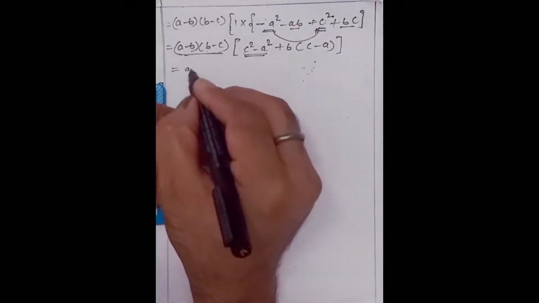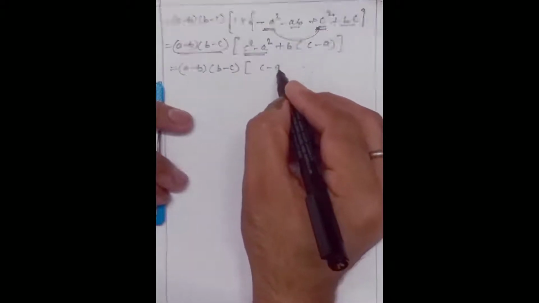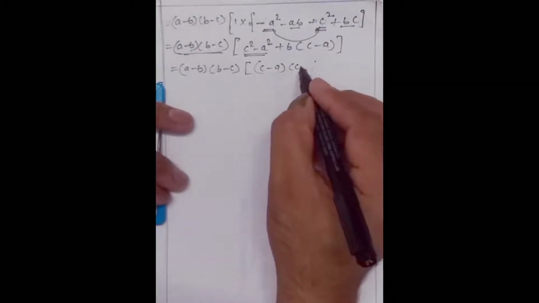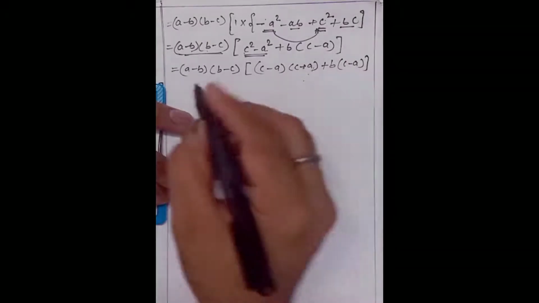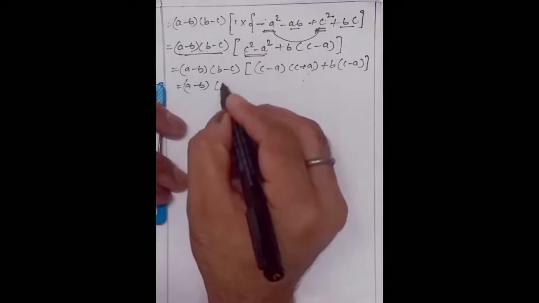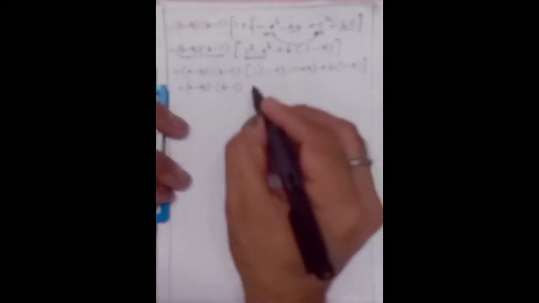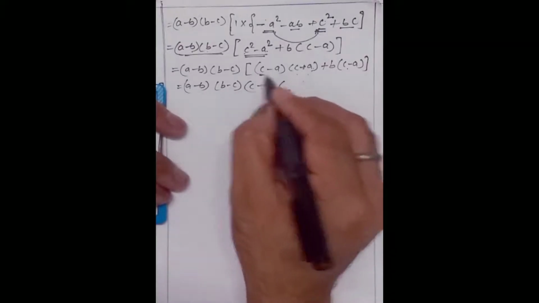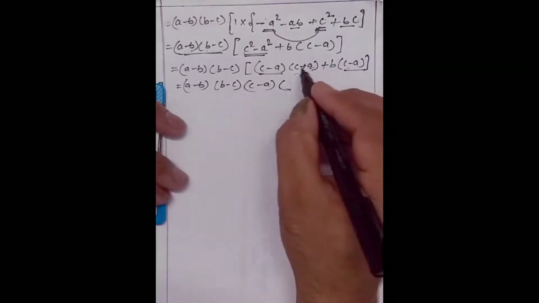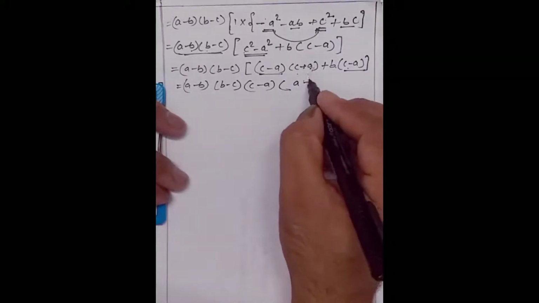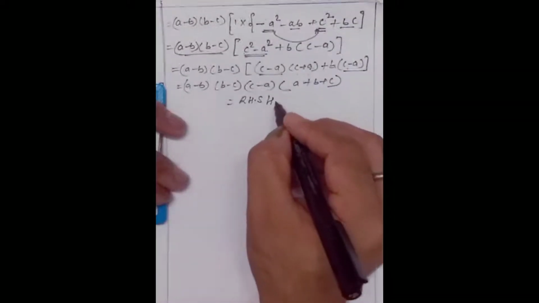So this we are going to write: A minus B into B minus C. Here we are going to use the identity C minus A into C plus A plus B into C minus A. So A minus B into B minus C into C minus A common from these two, C minus A common from here and from here also, and then what we have here, A plus C plus B. So I am going to write A plus B plus C, which is our right hand side. Hence proved.